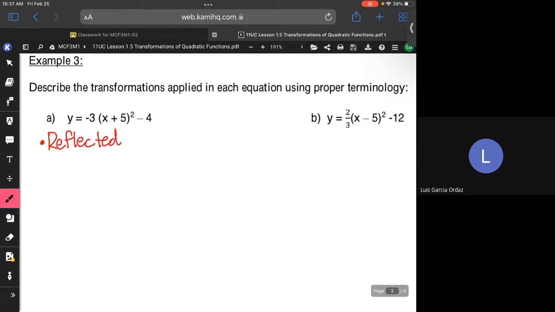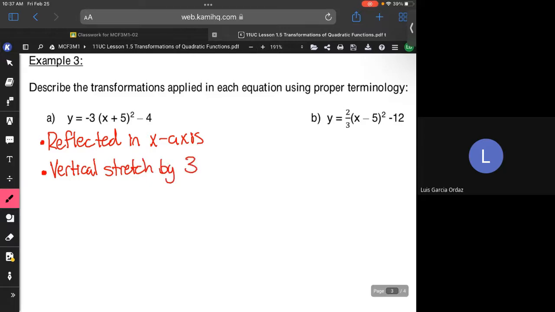Now, Sarah, because it's a 3, is it vertically compressed or stretched? Oh, remember, 3 is a whole number, not a fraction. Okay. So this is where some of you get confused.